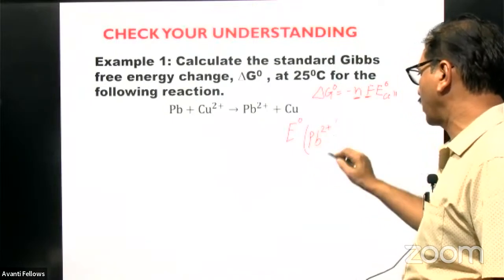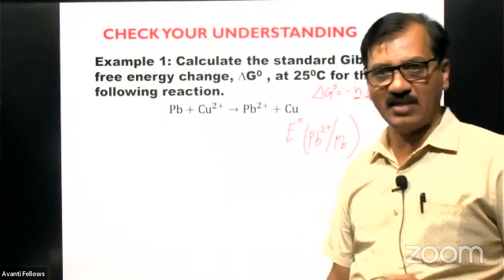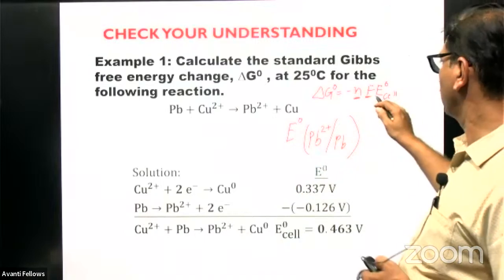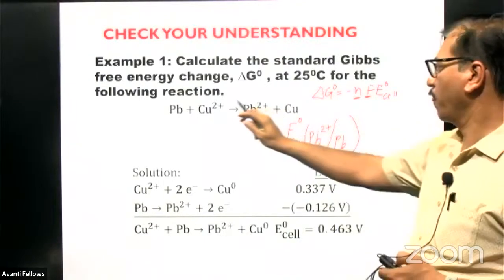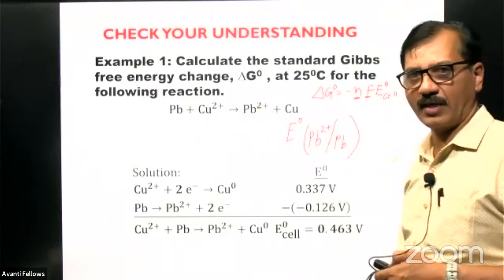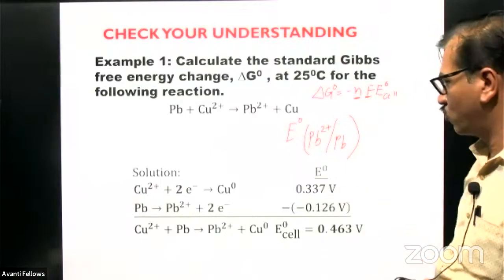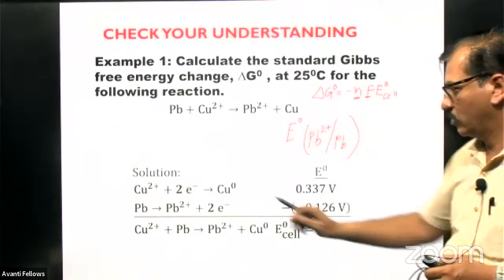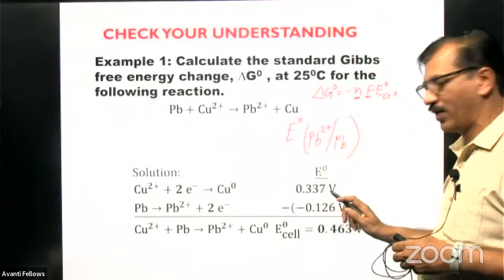For E0 of the cell, we need the electrode potential values: E0 of lead 2 plus ion to lead. This value we need. In the examination, it must be given. And E0 of copper 2 plus to copper, right? From these two given values, you can find E0 of the cell. Copper 2 plus ion to copper, the electrode potential is 0.337.